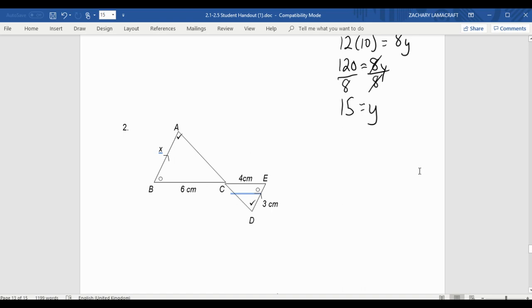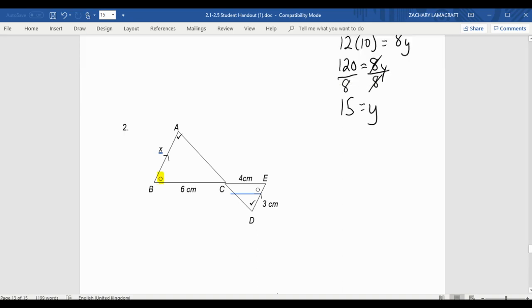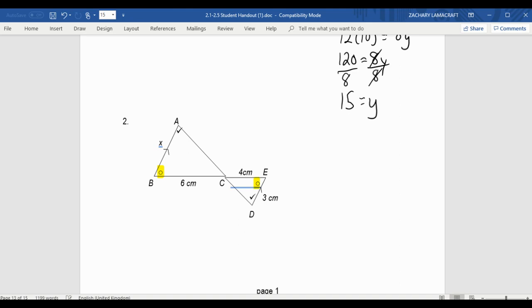However, our next example, does it look like the last one? No, right? But you'll notice that it's basically flipped. And how we tell that is because of those different angles. So remember how I said if you see that and you see that, they're the same? So the point B is similar to what point on the other one?